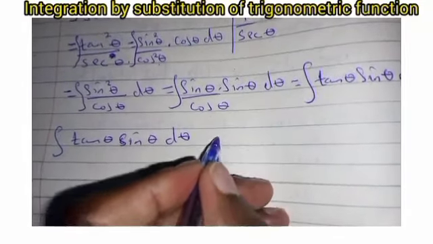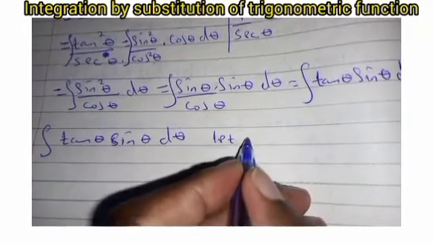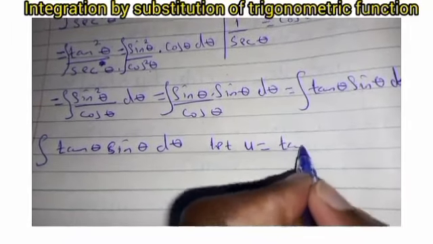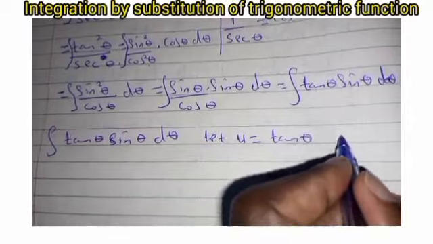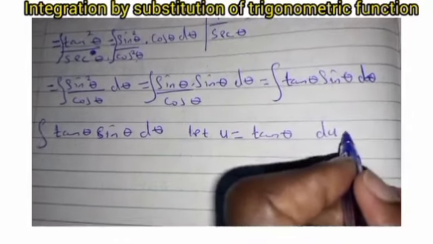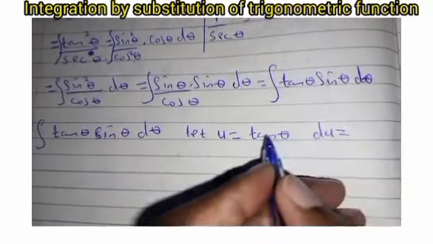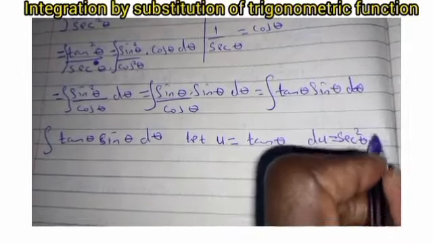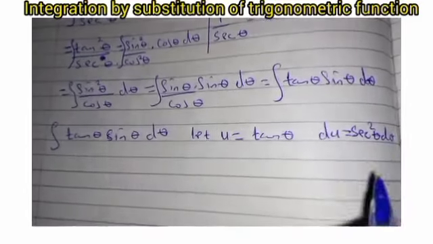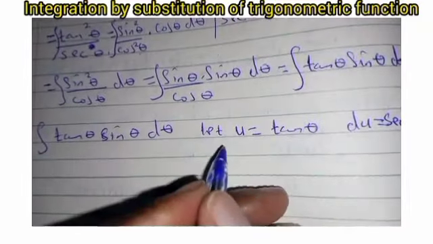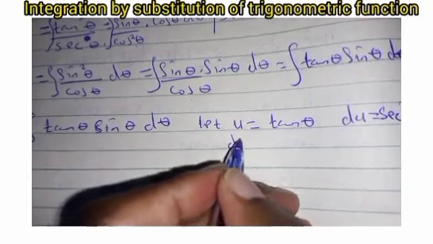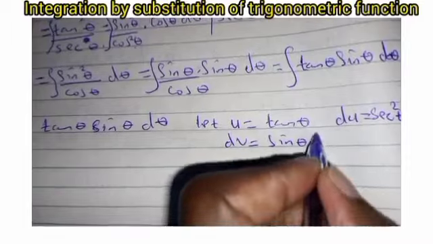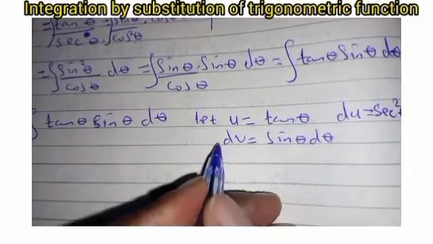So we are going to let our u be equal to tan of theta, meaning that our du is equal to sec squared theta d theta. Then we let our dv be equal to sine theta d theta.